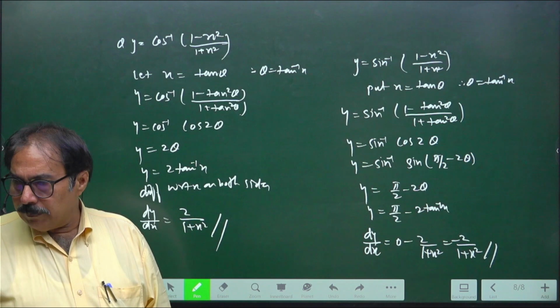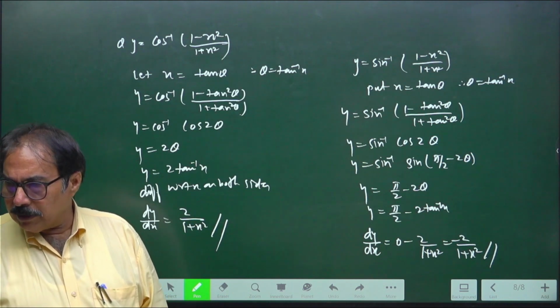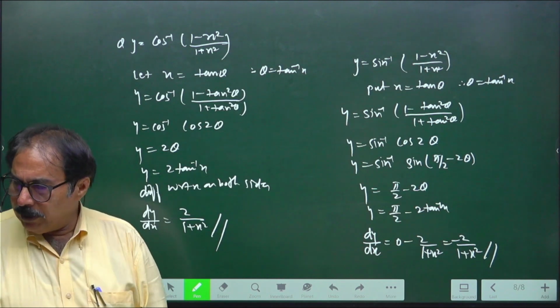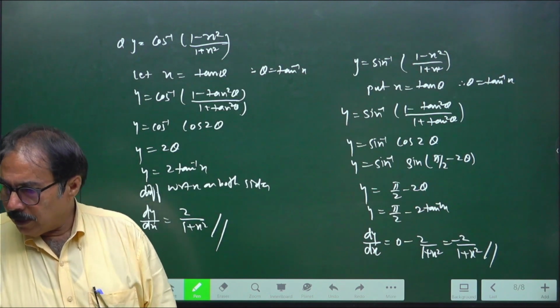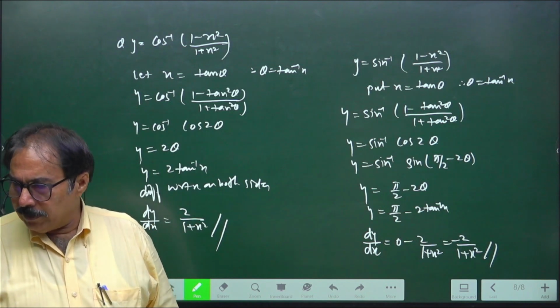So in this way, we will complete the derivative of inverse trigonometric function. Now we are coming to exponential and logarithmic function.